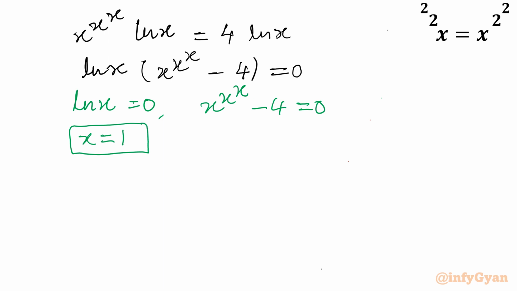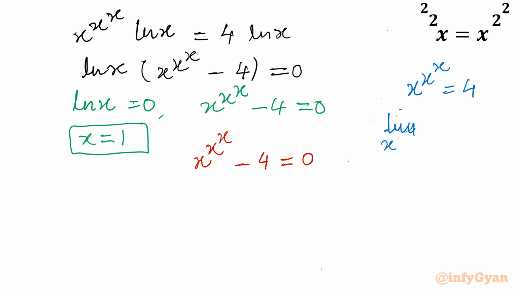Now come to the second equation, x power x minus 4 equal to 0. We are very much familiar with the x power x function or graph, if you remember. So I am going to write x power x equal to 4. If you remember, we calculated the limit as x tends to 0, the value of this function was 1. Using calculus, we can find this limit value, and that value is 1. So I am going to consider limit x tending to 0 of x power x.